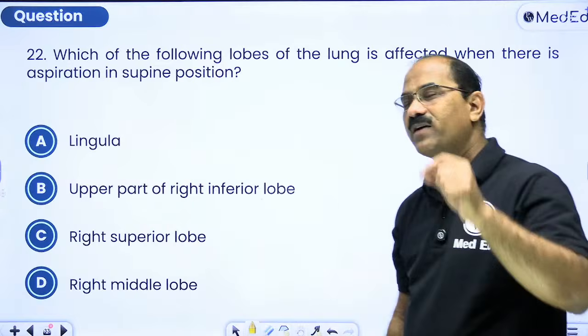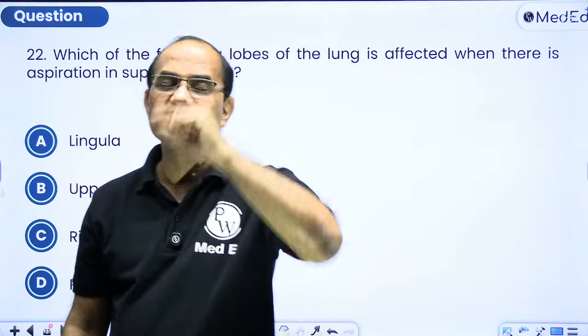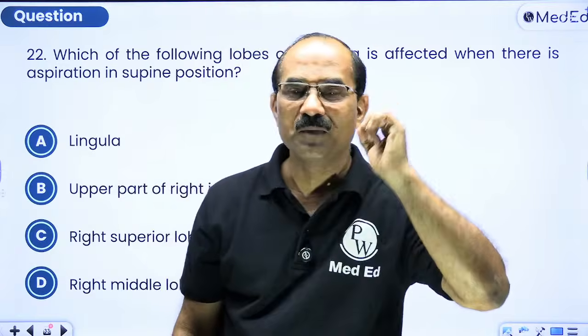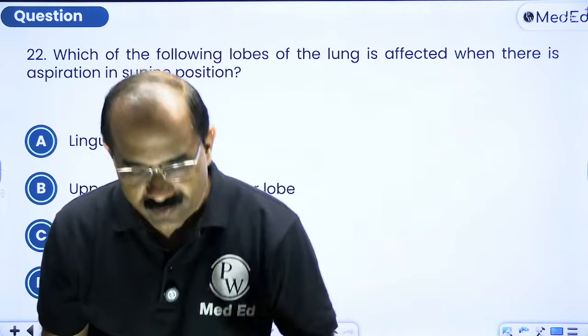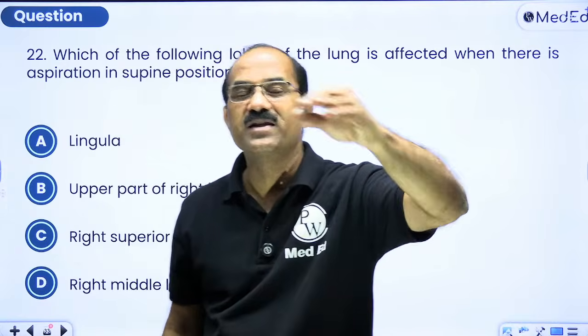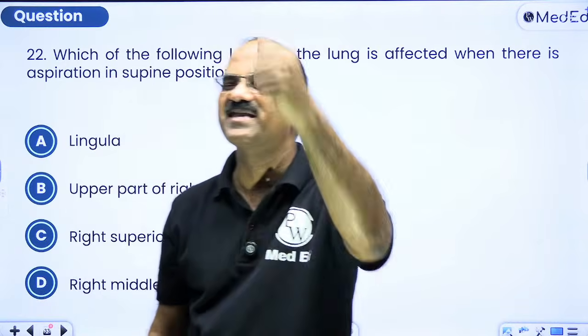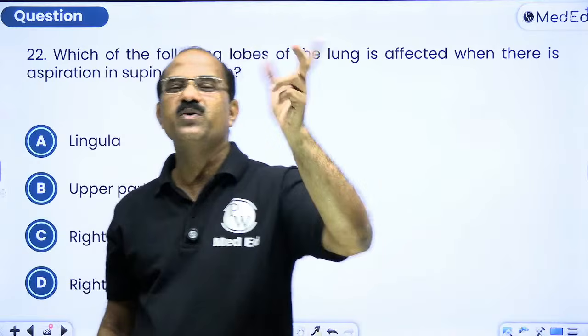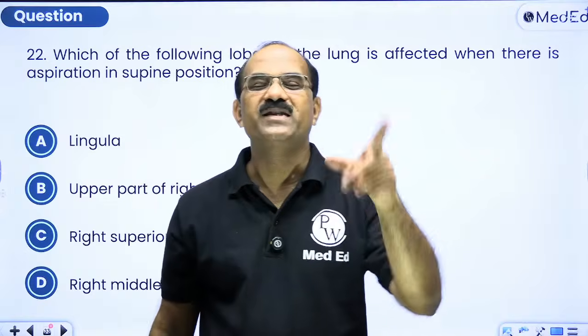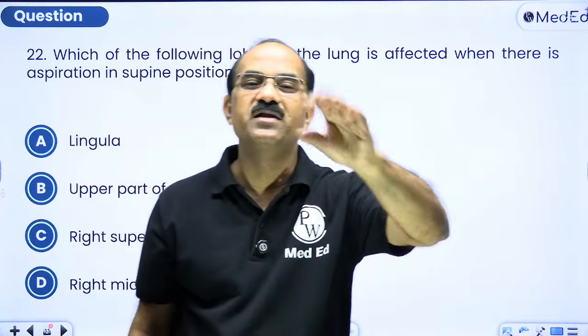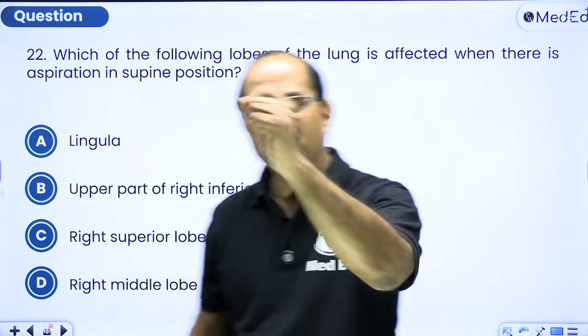Any fluid in the peritoneal cavity in supine position goes to Morrison's pouch. In standing position it goes to the recto-uterine pouch in females, the pouch of Douglas, and the recto-vesical pouch in males. So fluid gravitates into these pouches. Very good, very important.